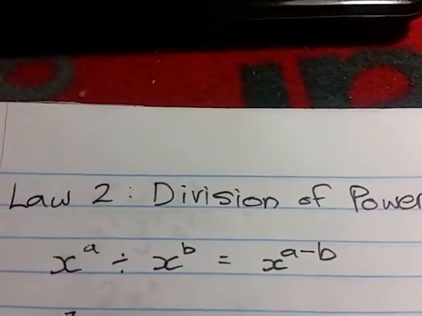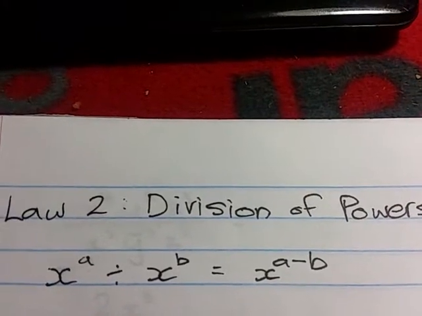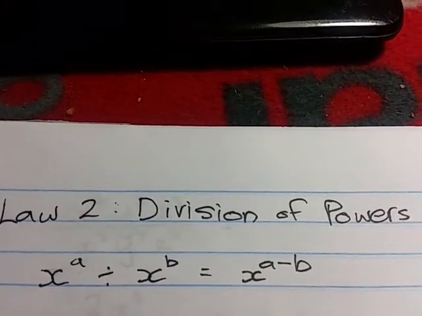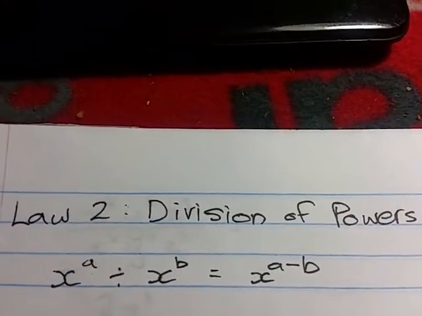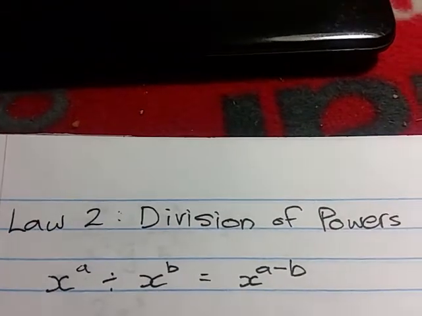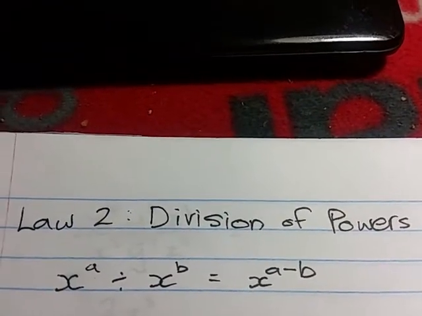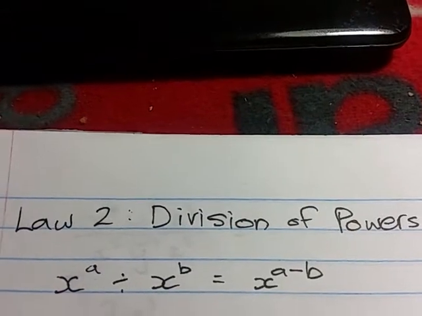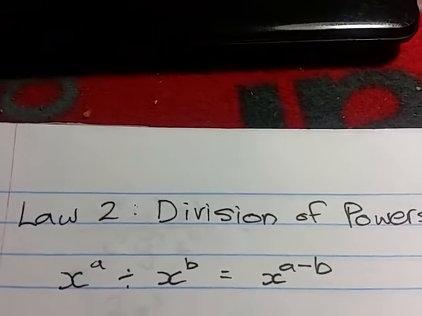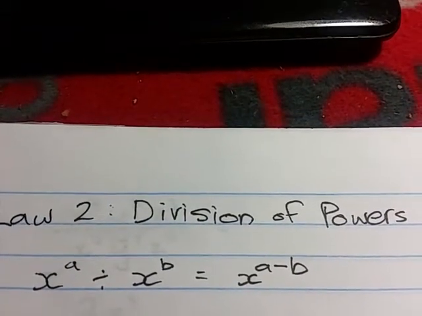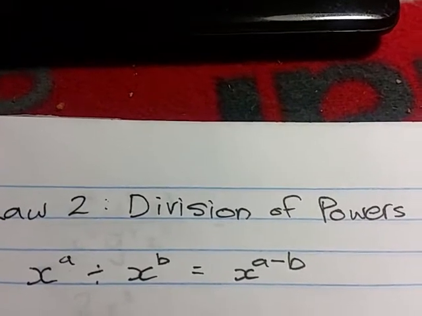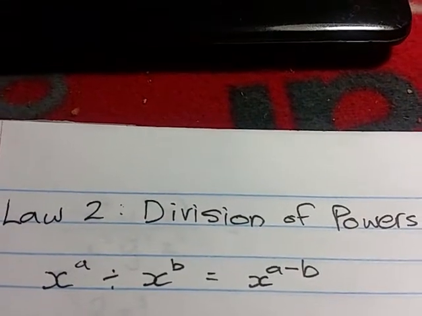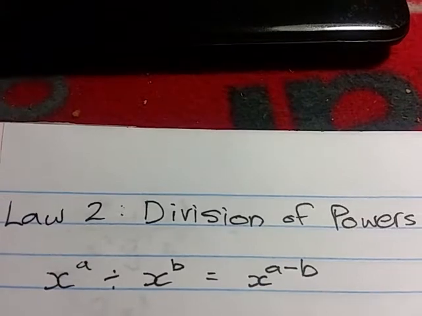So when it comes to law 2, which is division, since division is opposite multiplication, instead of adding the exponents, you're going to be subtracting, minusing the exponents. So in this situation, x to the a divided by x to the b gives you x to the a minus b.